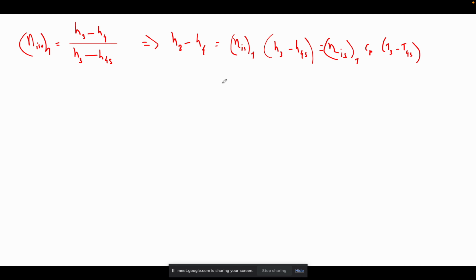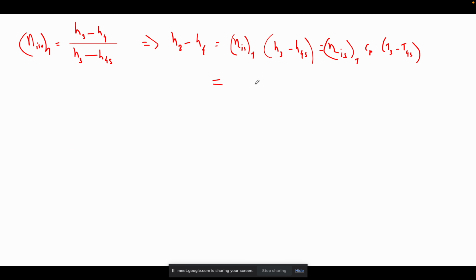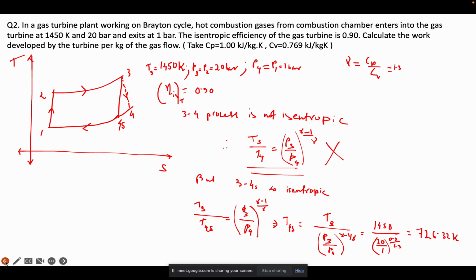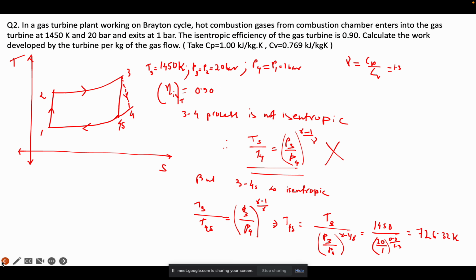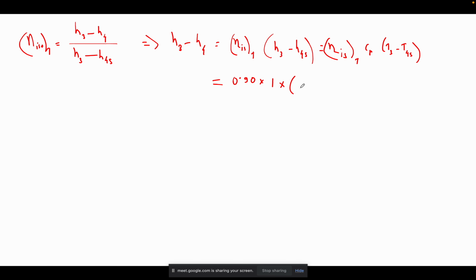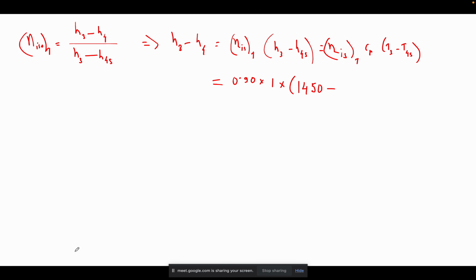Okay, so from here eta isentropic is given to us as 0.90, Cp is given to us as 1, and T3 is 1450, and T4s is 726.32.